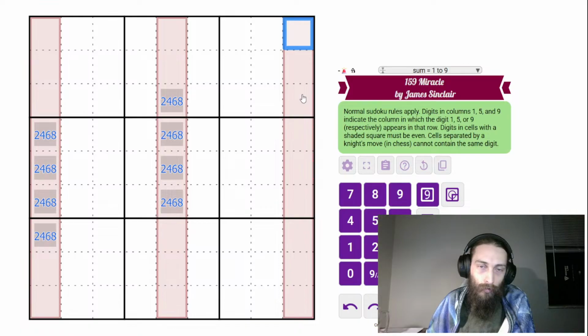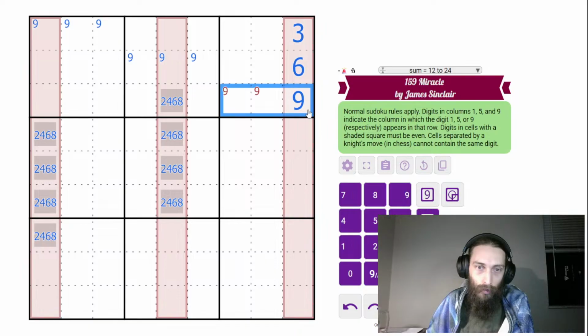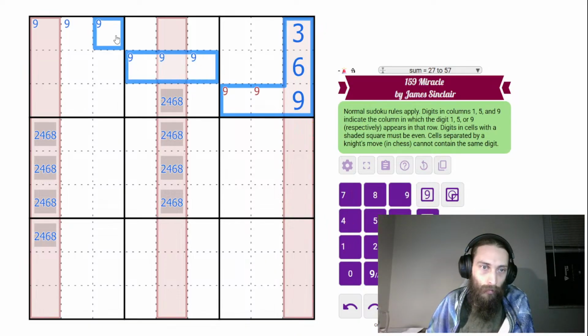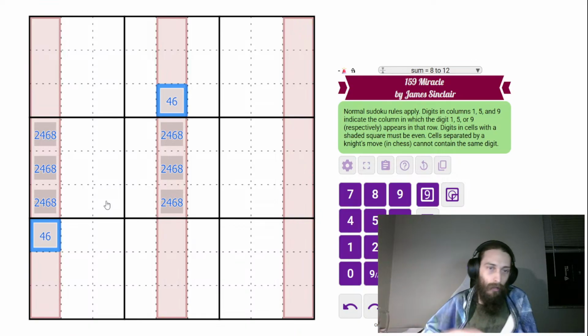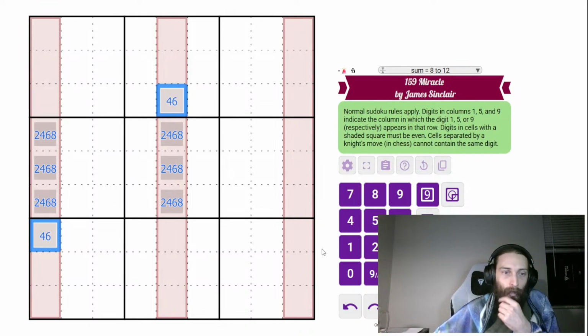But what that means is I have a low digit, which would place the 9 here, a middle digit, which places the 9 here, and then a high digit, which places the 9 in here. And because of that, the 2 is the low digit, and the 8 is the high digit, and that's true in both of these groups. So 2 and 8 is removed from the outside one or square, if you will.